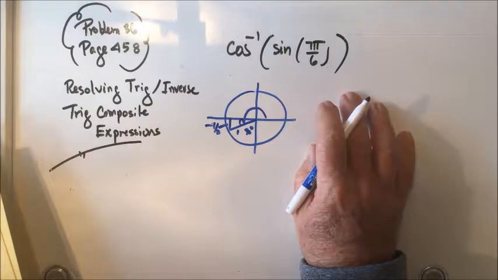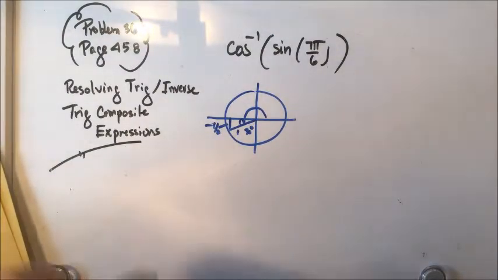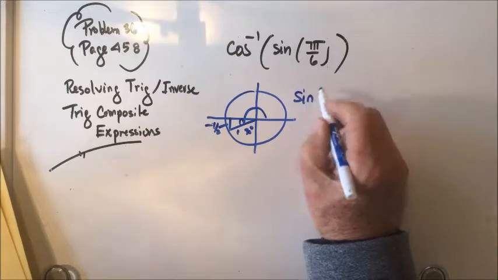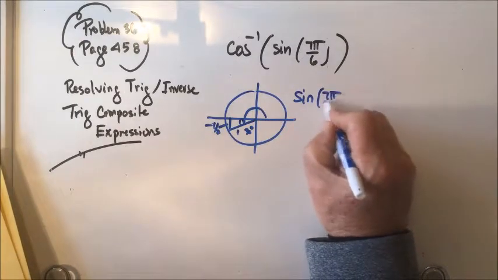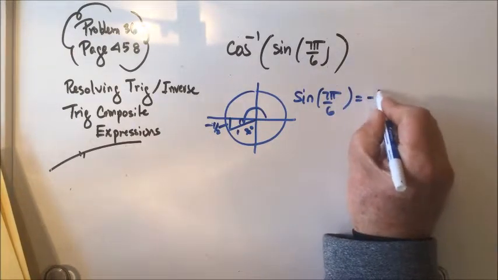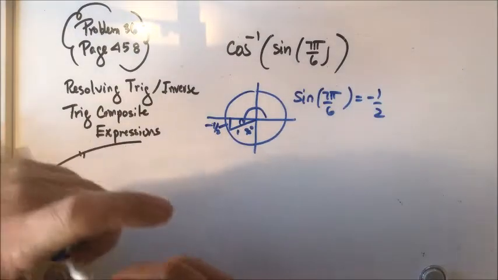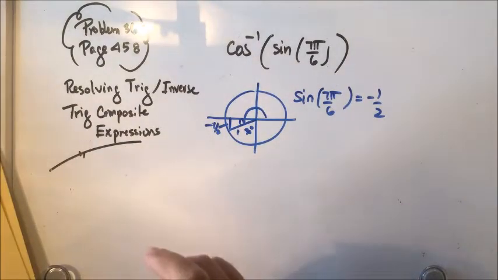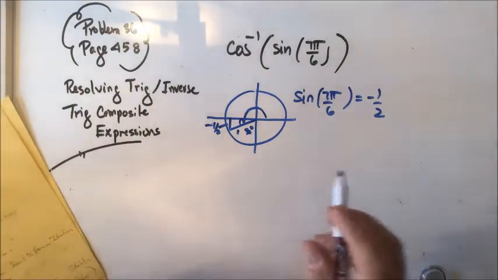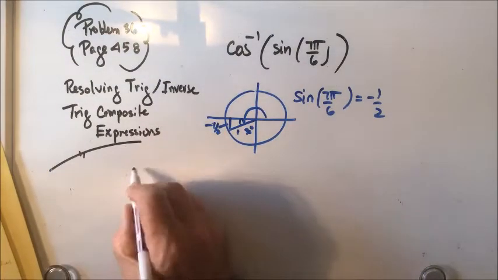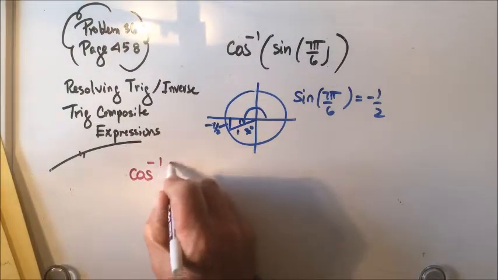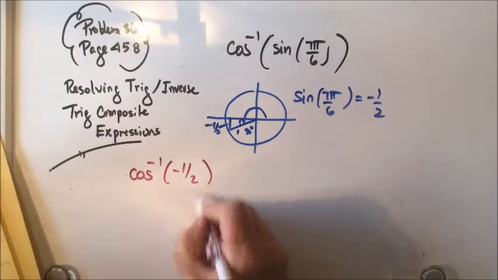Now let's work the second problem. We just decided that sine of 7 pi over 6 is equal to minus 1/2. Let's now decide what the arc cosine of minus 1/2 is.